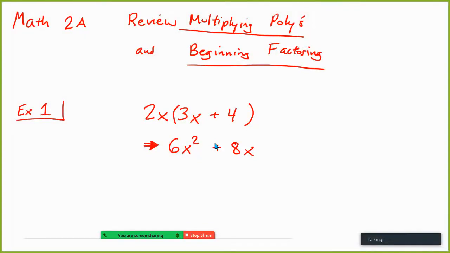And I did 2 times 3, which is 6, and then I used your product rule, the x times x equals that, and then you add the variables. But it was no variables, so 1 plus 1 is 2. Good. And then that brought me to 6x squared plus 2x times 4. Mm-hmm. And then I just times 2x and 4 and I got 8x.